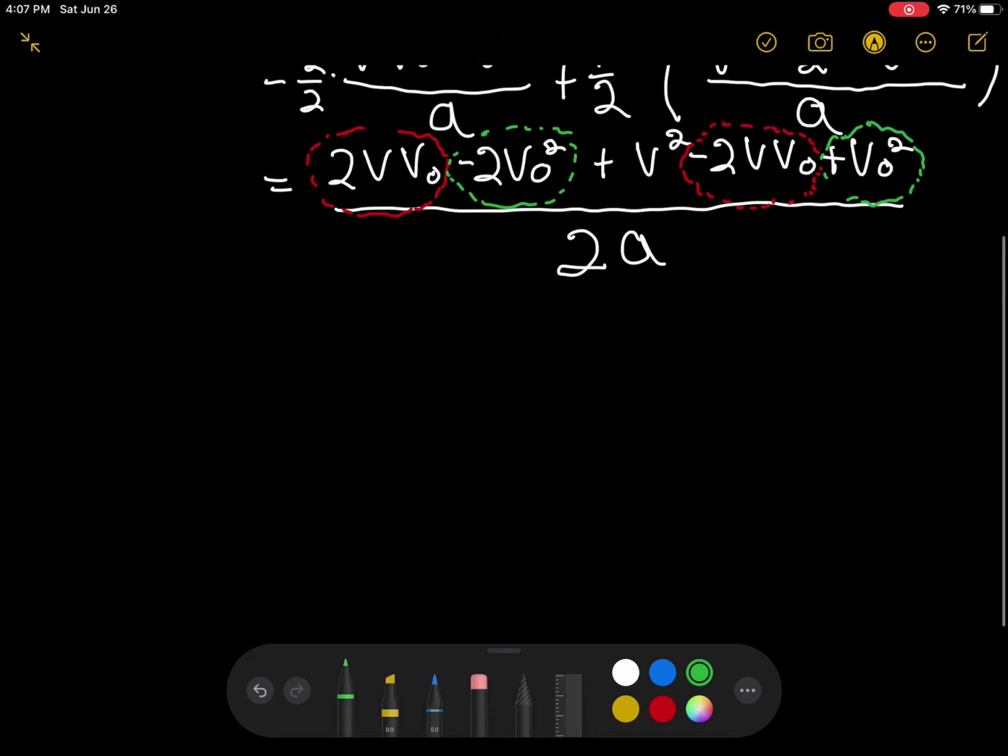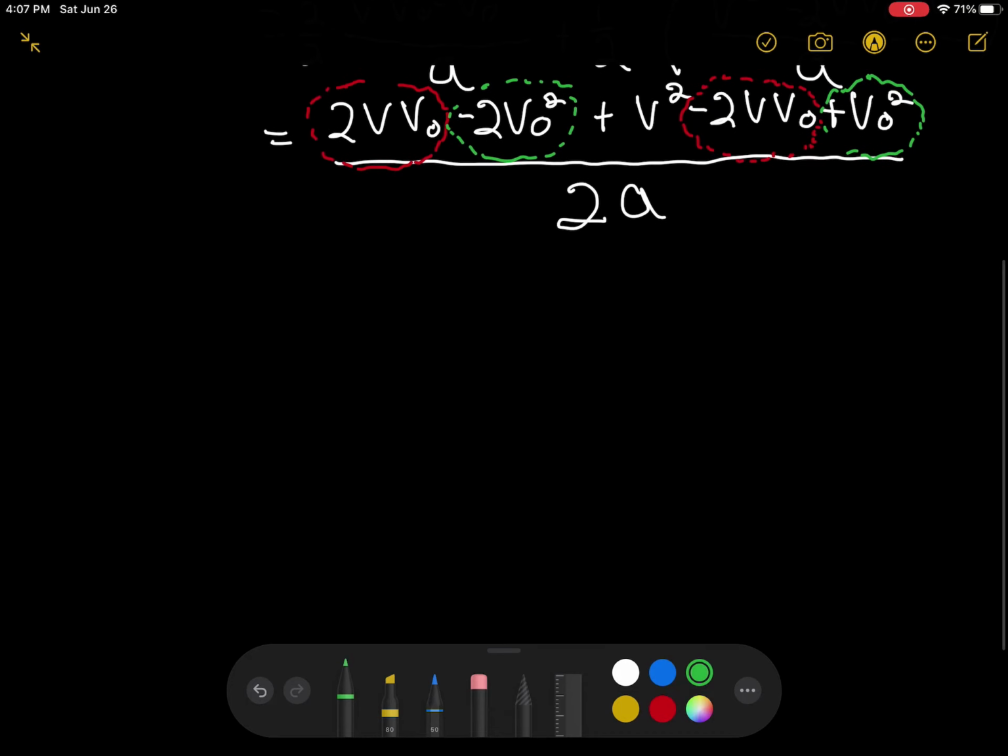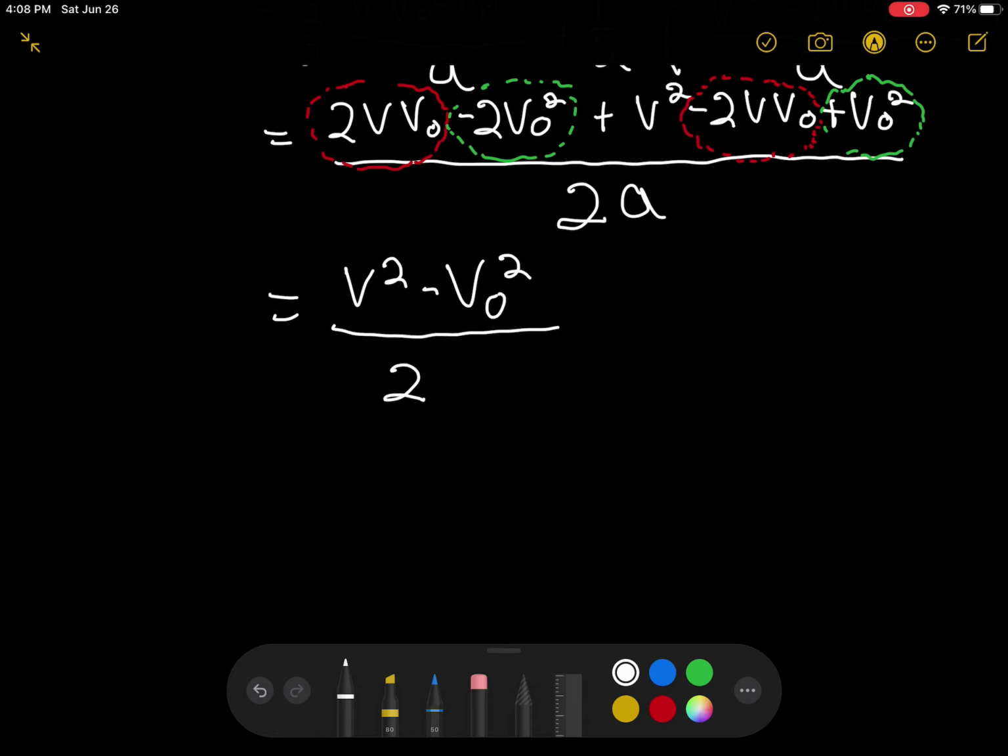I told you the algebra would be kind of dirty. Alright, let's continue. Once we combine everything all together, we're going to get v squared minus v naught squared over 2a. And remember, this was equal to delta x at the very beginning. And I would just multiply 2a on both sides, and we finally have our fourth kinematic equation.